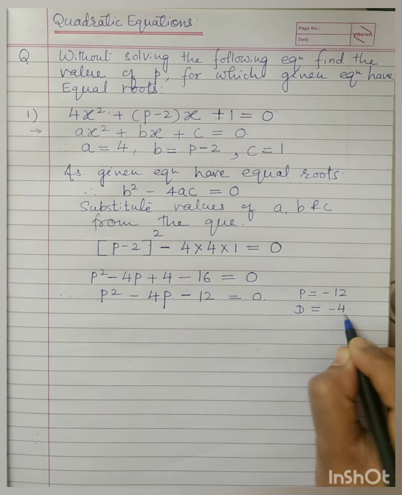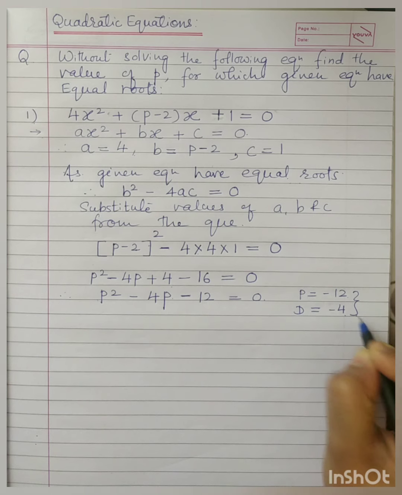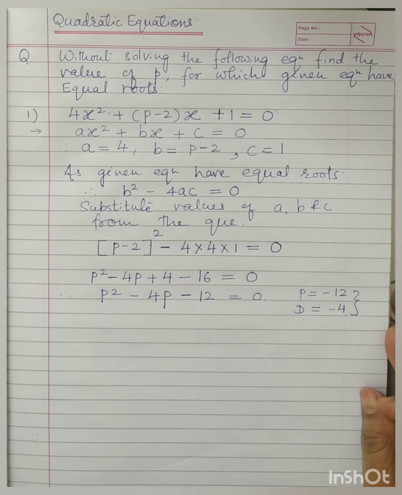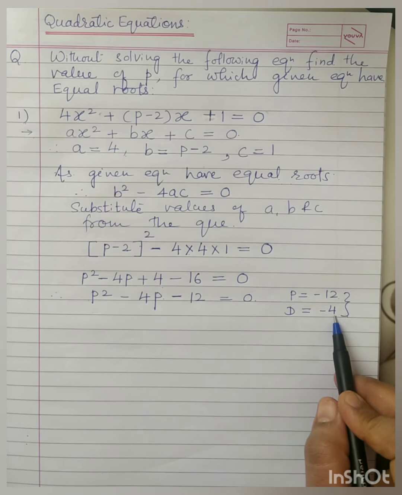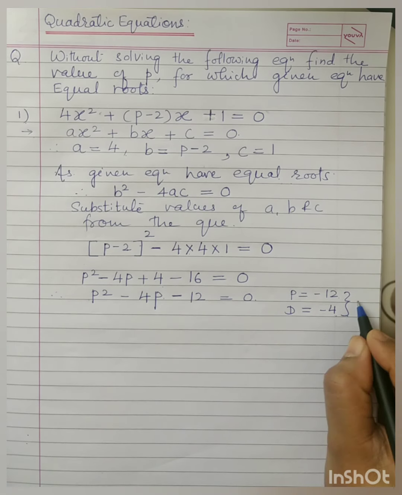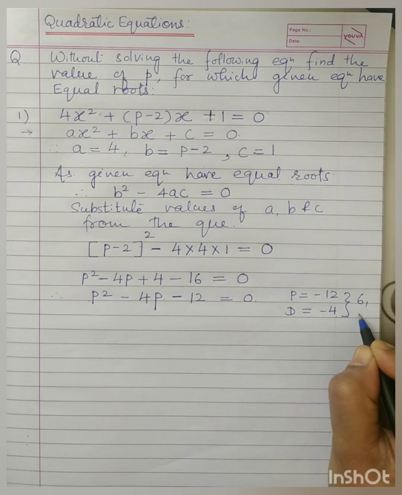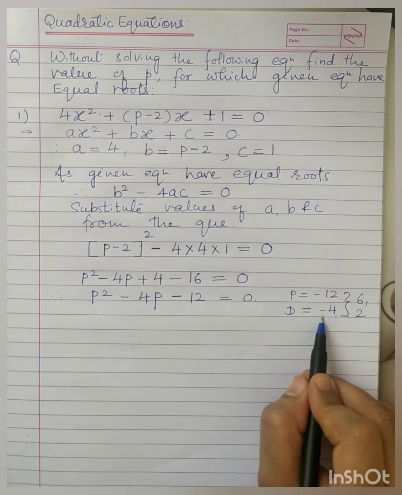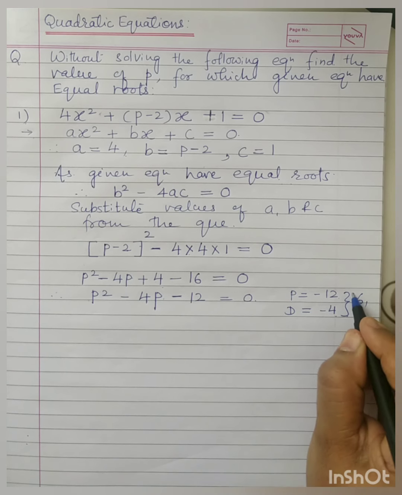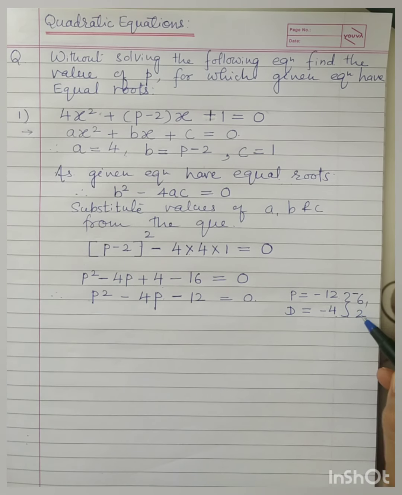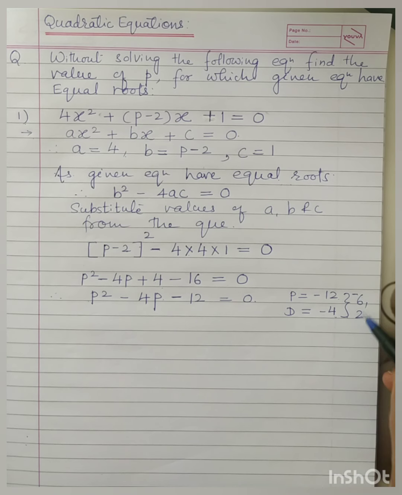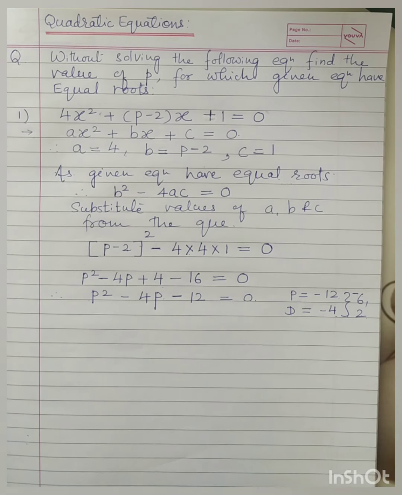Minus 4. Now the two numbers whose product is 12 and difference is 4 are 6 and 2, right? So write the numbers 6 and 2. Since the difference is negative, 6 is negative and 2 is positive. Minus 6 twos are minus 12 and minus 6 plus 2 is minus 4, right?